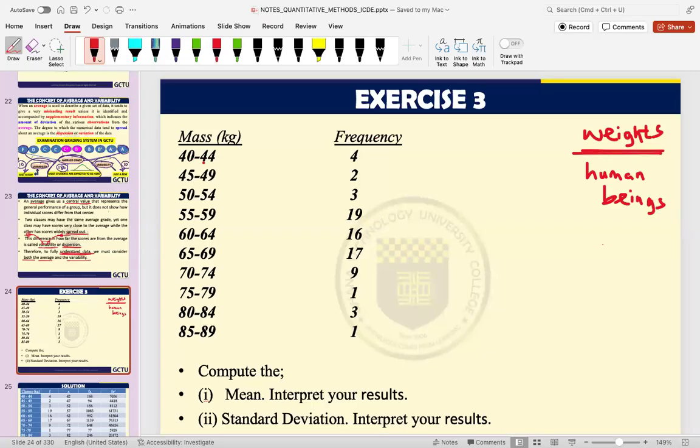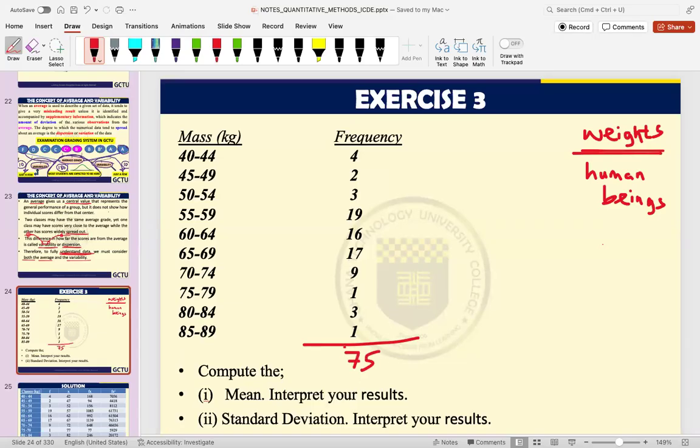It's saying all those who are weighing between 40 to 44, they are 4. All those weighing between 45 to 49, they are also 2. All those weighing between 50 to 54, they are 3. So and so on and so forth. My interest is that when you add all these frequencies together, you have 75.